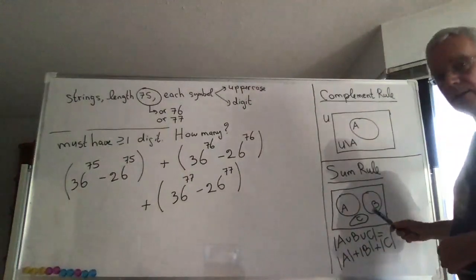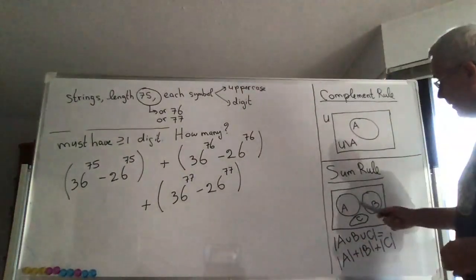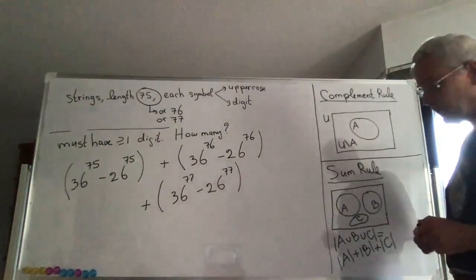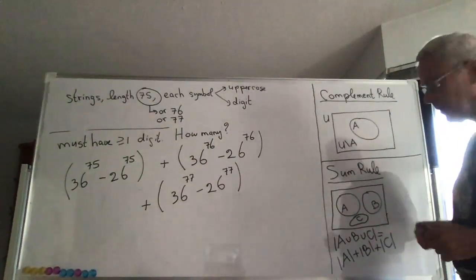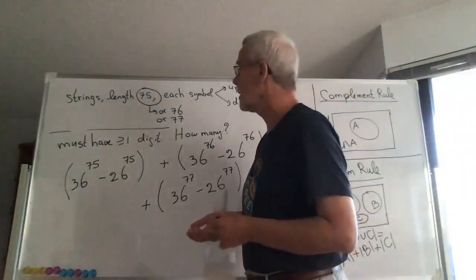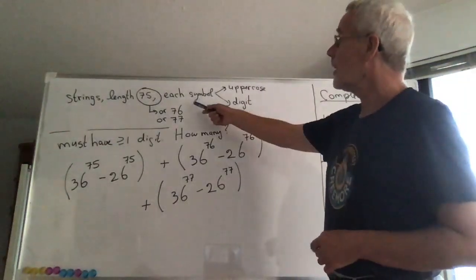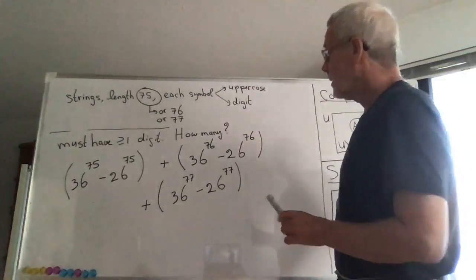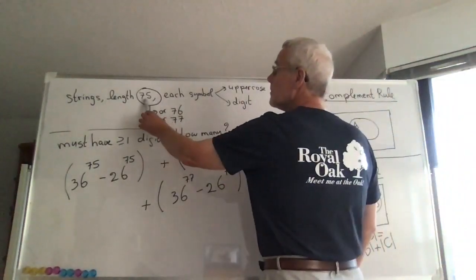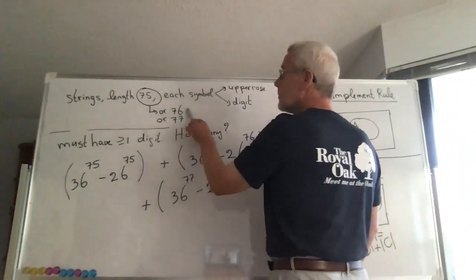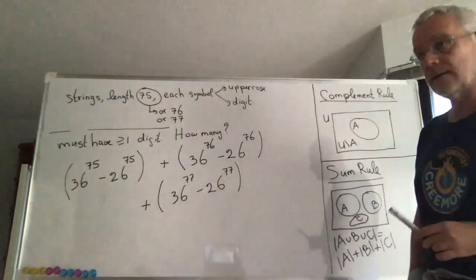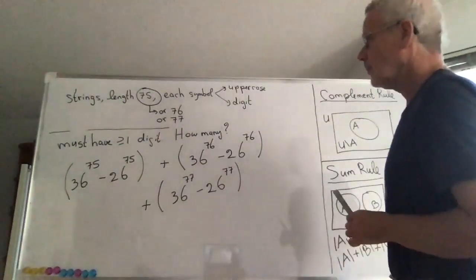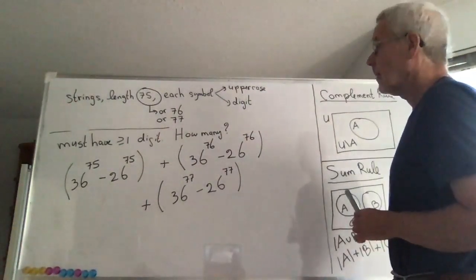So keep in mind, you can only apply the sum rule if A and B do not have elements in common, A and C do not have elements in common, and B and C do not have elements in common. If we divide these strings based on their length, so the set A, these are these ones here, and the set B are the strings of length 76, and it is clear that A and B do not share any string because they have different lengths.